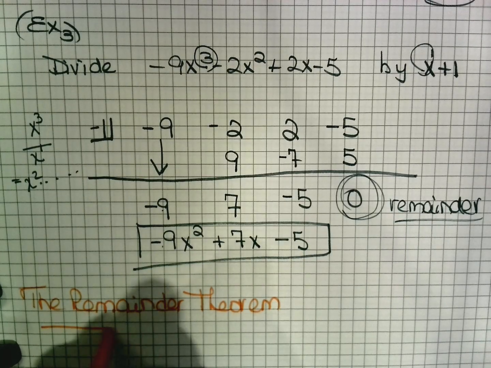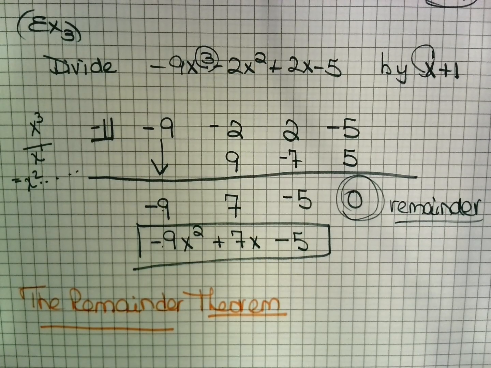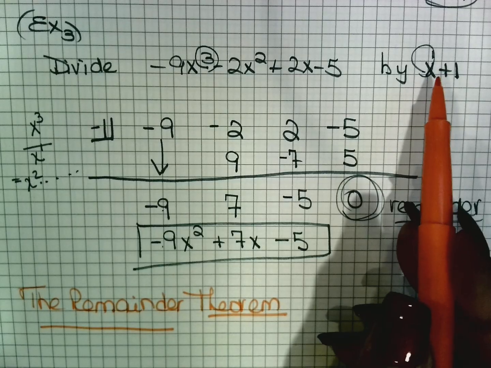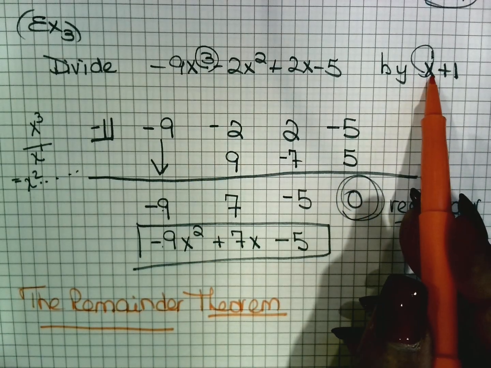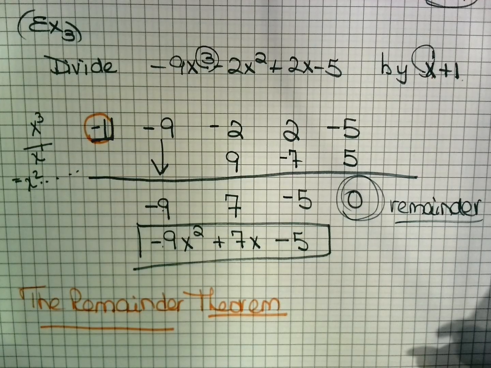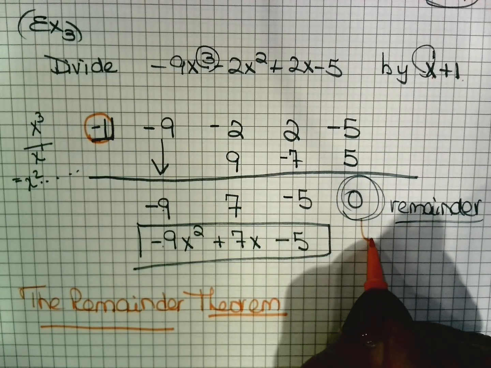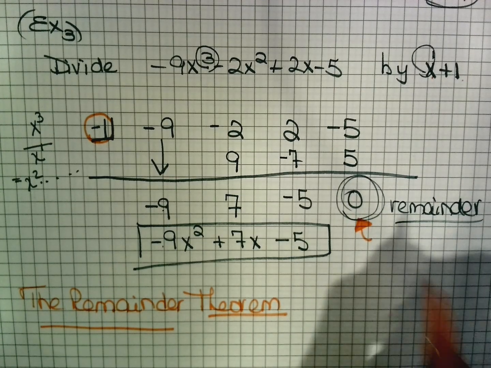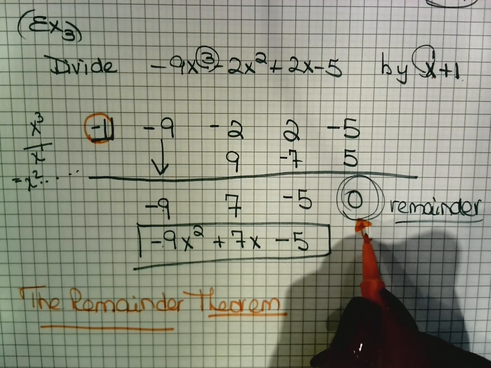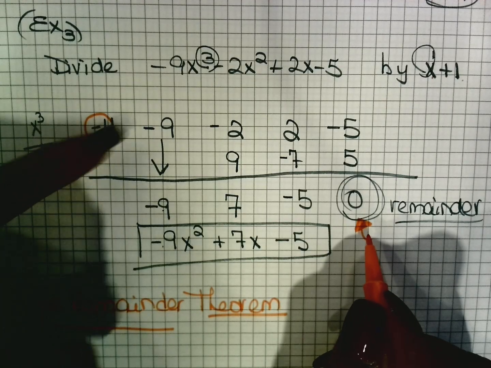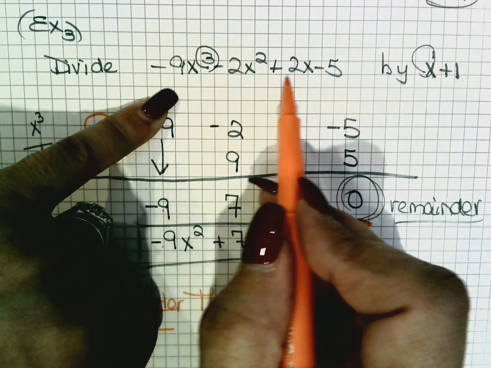What the remainder theorem says is that if we are dividing here, for example, using x plus 1, which means we're dividing by -1, this remainder that we get is going to be the same answer you would get if you took -1 and plugged it in for x up here.